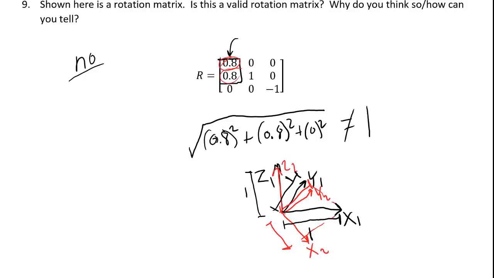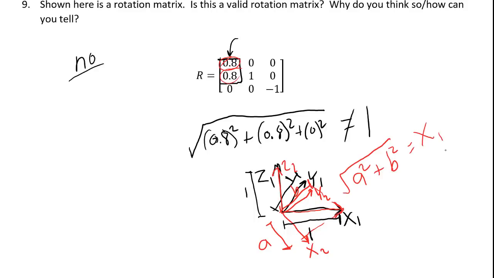If we wanted to figure out the length of this arrow here, x1, I'll call these distances A and B, we could find the length of that vector by taking A, squaring it, B, squaring it, and square rooting the sum. That's the Pythagorean Theorem. That will tell us the length of x1.